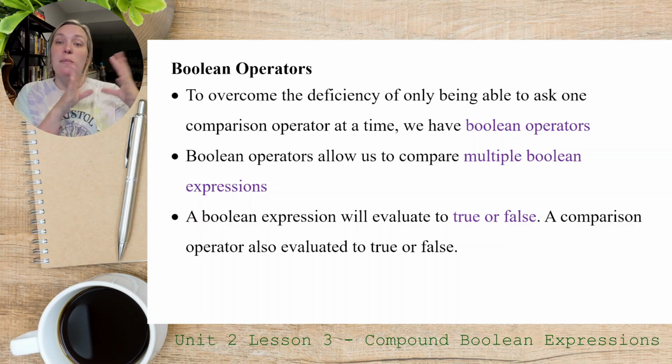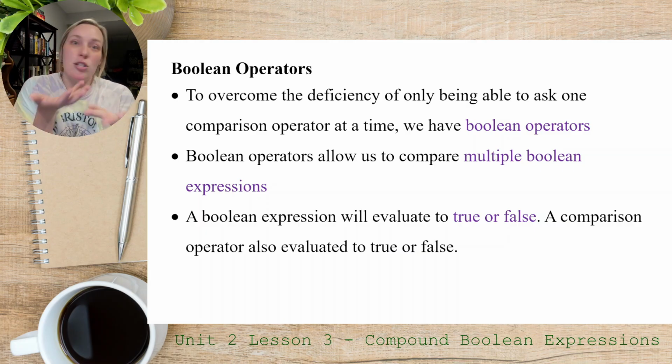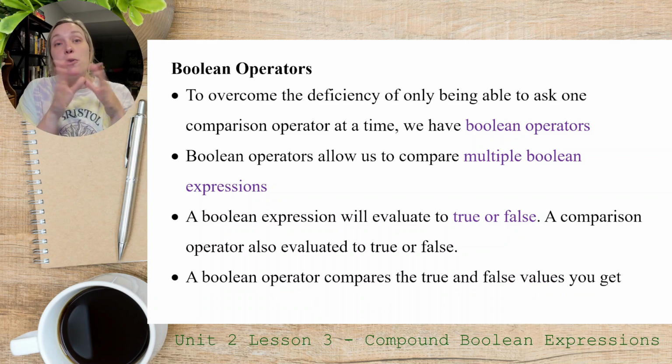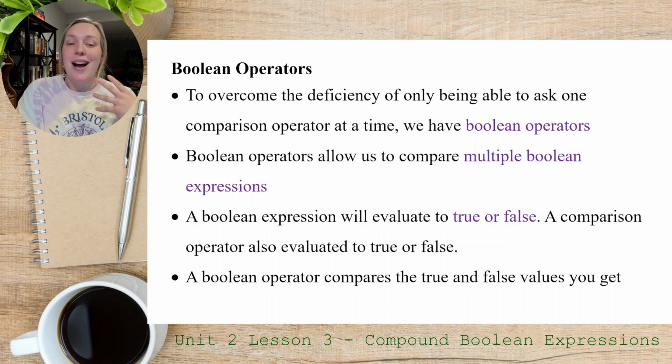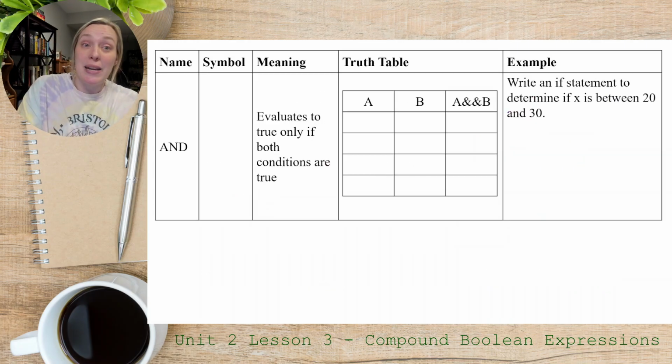That is a Boolean expression because it evaluates to true or false. It could also just be a Boolean variable, because a Boolean variable is true or false by nature. But a Boolean operator allows us to compare however many true, false values to see what we get.